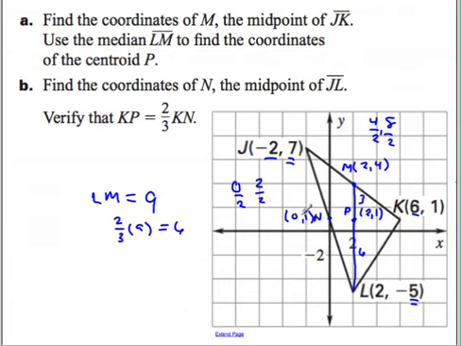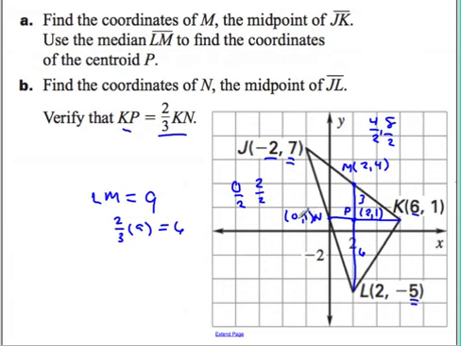From there, what I'm going to do is verify that KP is 2/3 of KN. So KN is going to be this entire line right here. There's KN. I need to figure out KP. Where in the world is K? Oh, here's K. KP is going to be 2/3 of KN. So let's figure out these lengths.